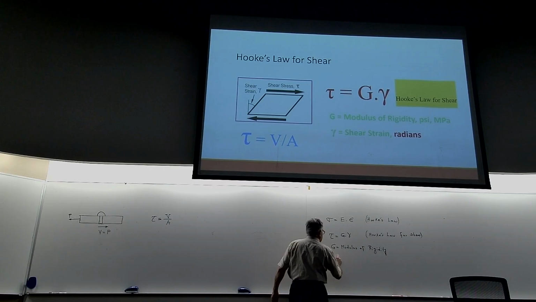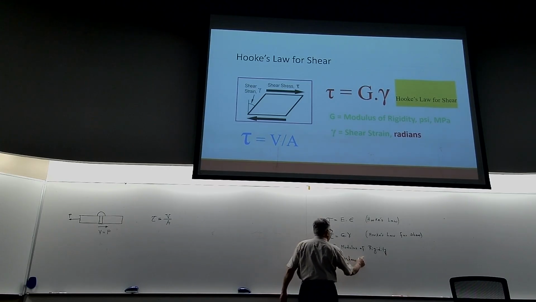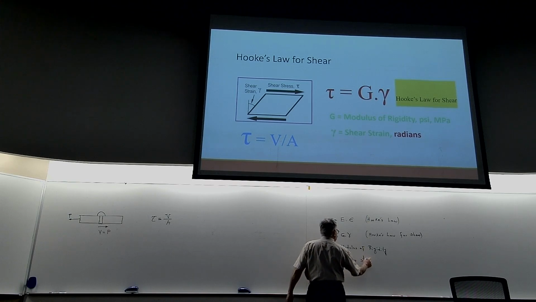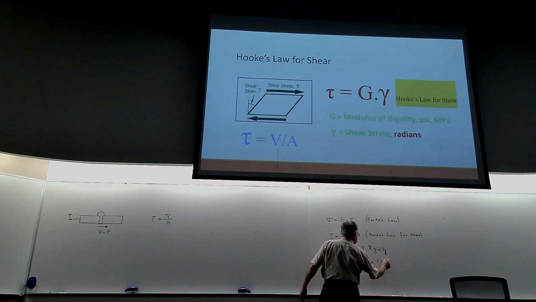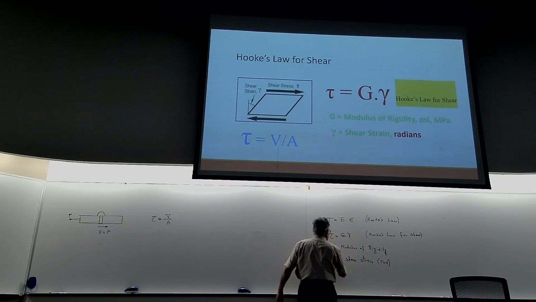And gamma is called shear strain. It must be in radians, not in degrees.